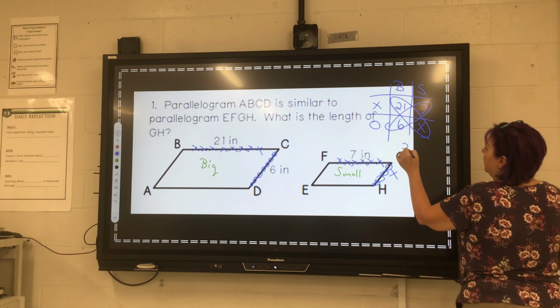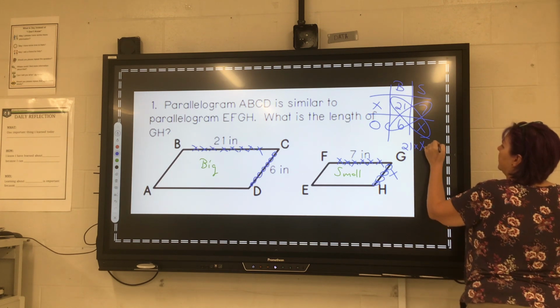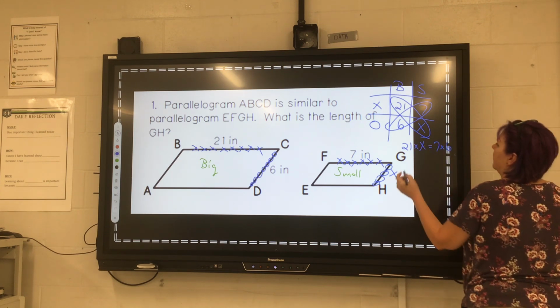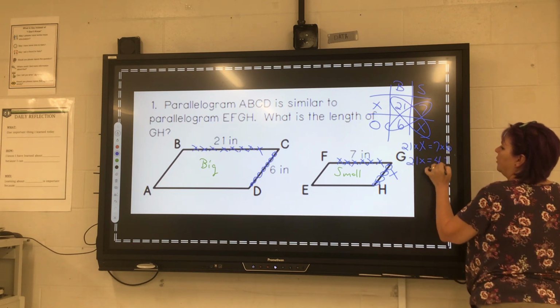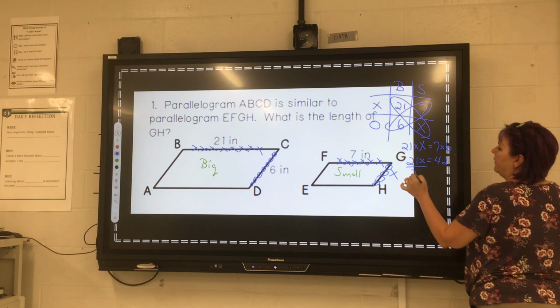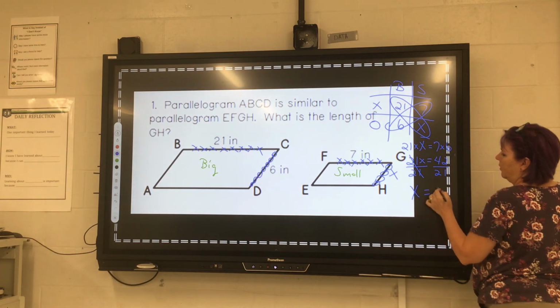So we get 21 times X is equal to 7 times 6. 21x is equal to 42. Get the x by itself. You've got to divide both sides by 21. So x equals 2.